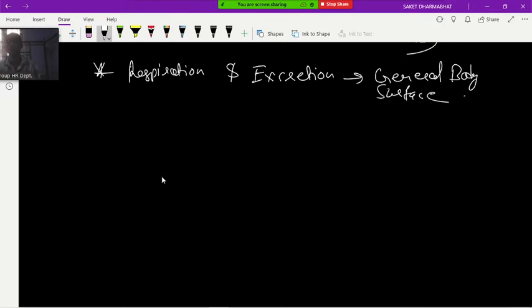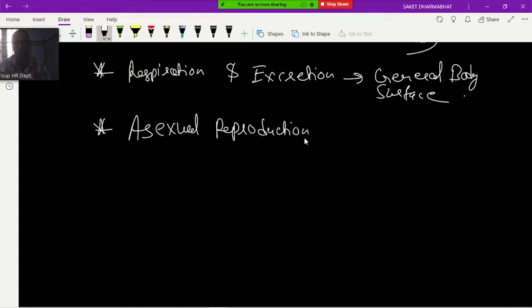So this is completed. Now we will talk about their reproduction. What are the reproduction techniques? Asexual reproduction. So asexual reproduction takes place by what? Hydra. Is it fragmentation or budding?